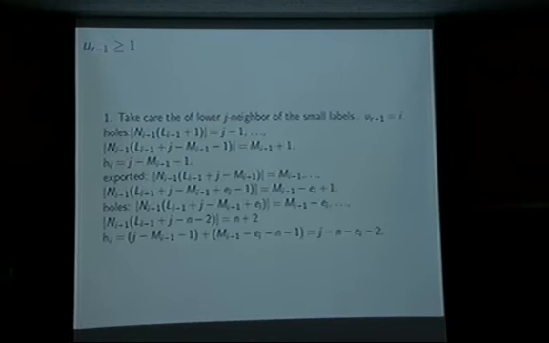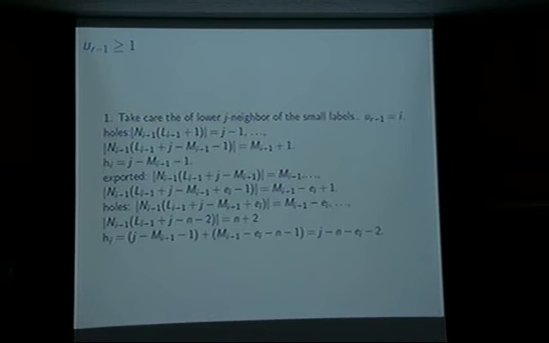Okay, so for example, let's consider this case. In the ith layer, the first element has lower neighbors of size j minus 1.